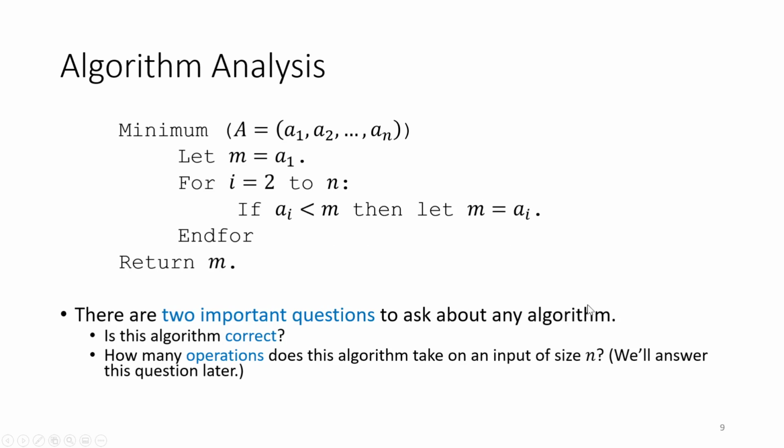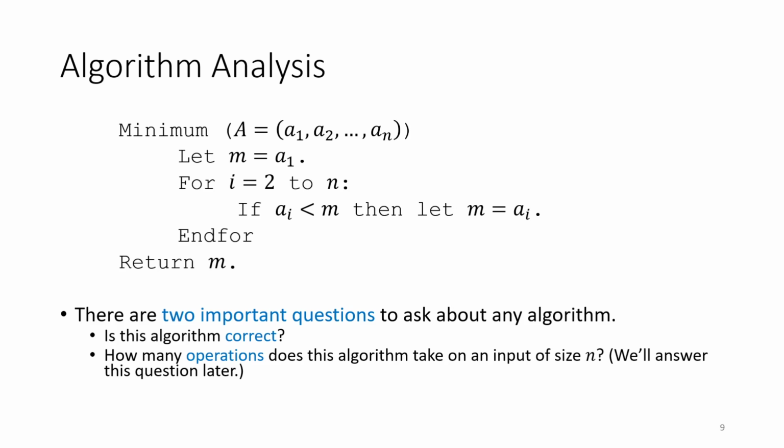To start out, I just want to revisit what we looked at in the last video, which is the algorithm we came up with for the minimum problem, returning the minimum element in a list. Again, a very simple algorithm.